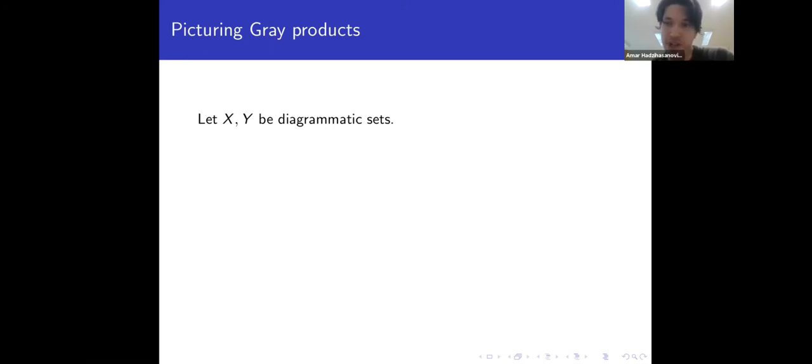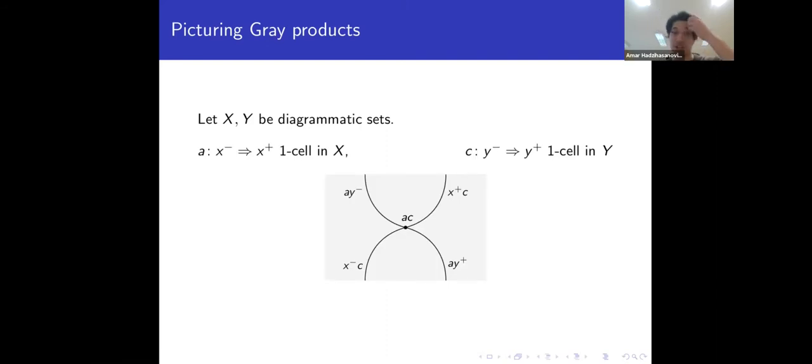So the first non-trivial things we obtain are by taking the product of one cells. A one cell times a one cell is a two cell, which looks like this in diagrams.